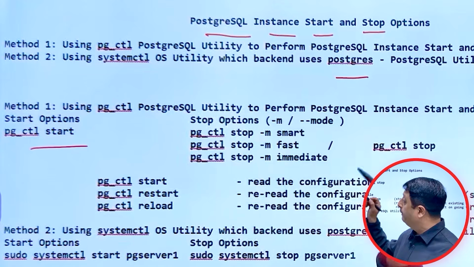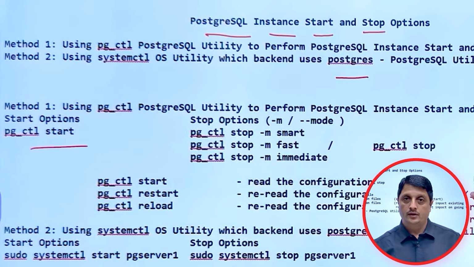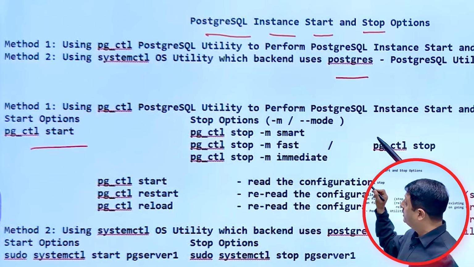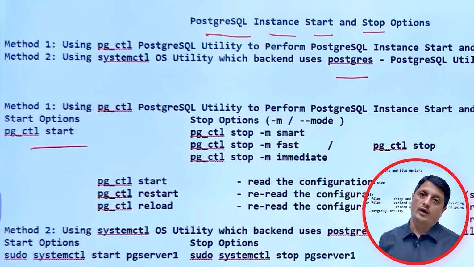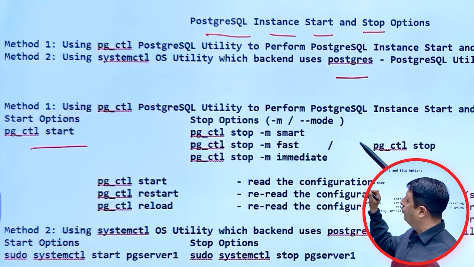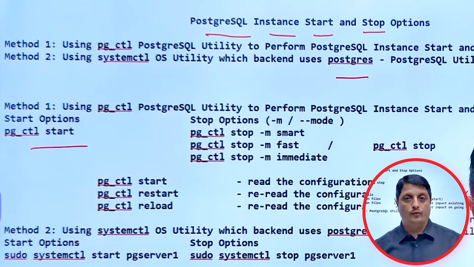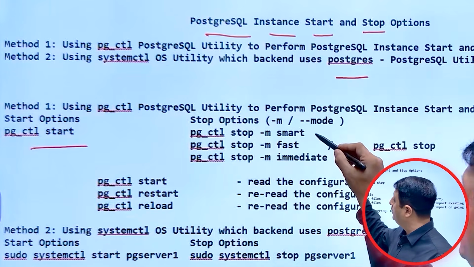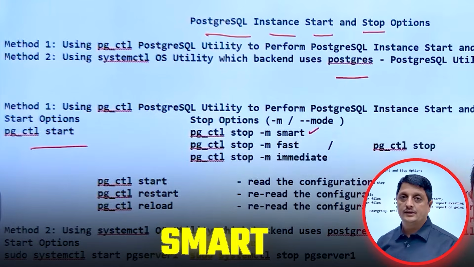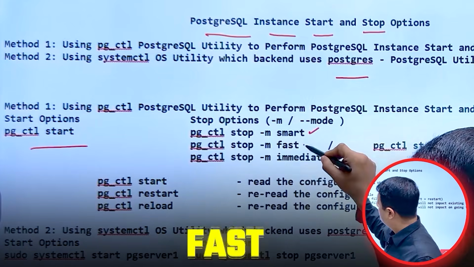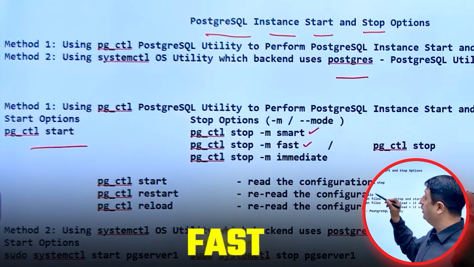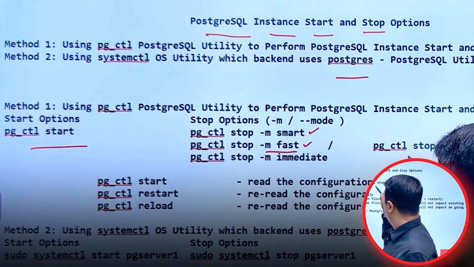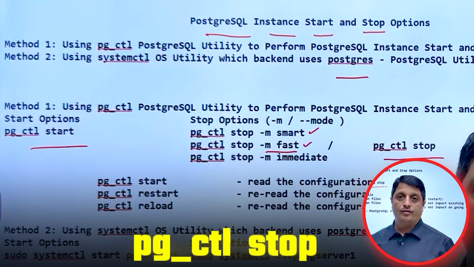What are those? PG_CTL stop, followed by you have to mention -m, which we call the mode. Mode will be referred to as smart. That is number 1, smart. The second one is called fast, which is the default. If you don't give the mode option, it will be considered fast only.